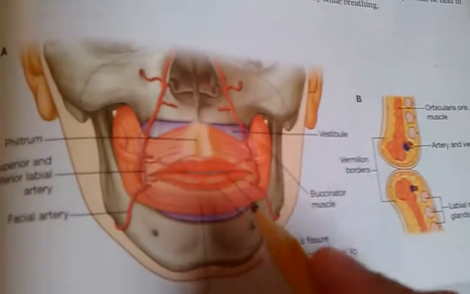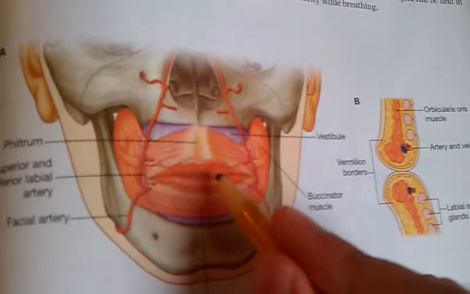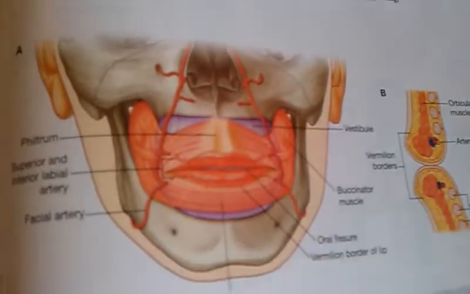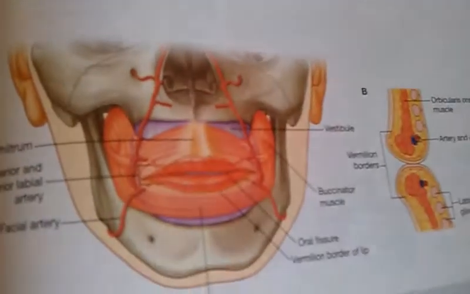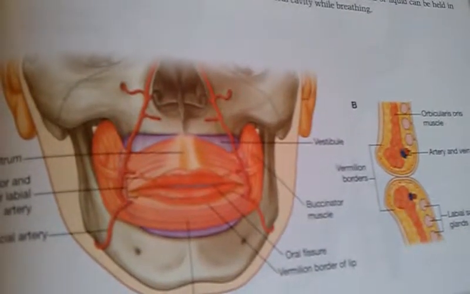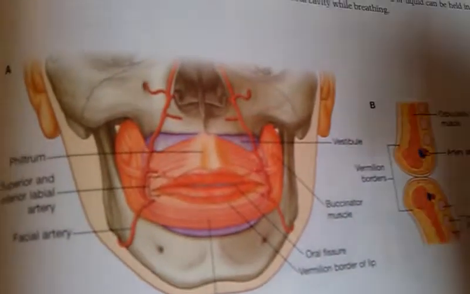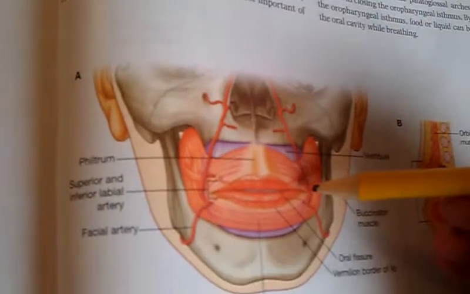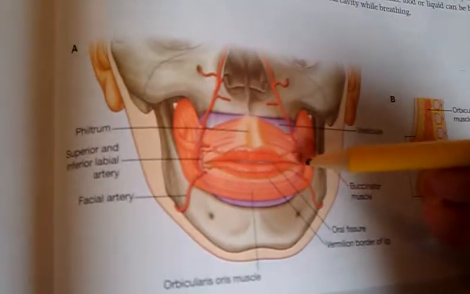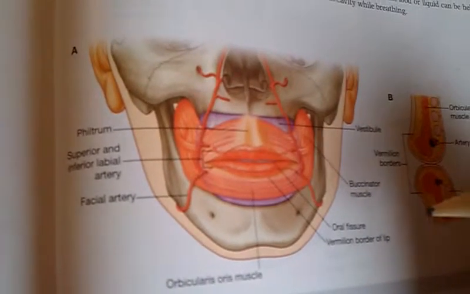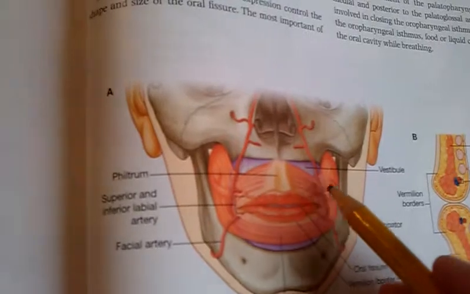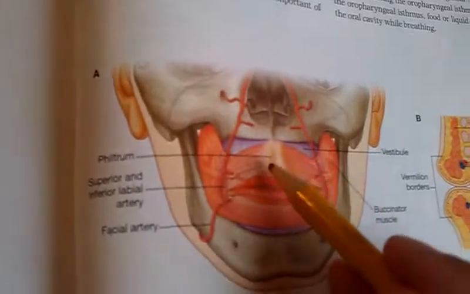And here you have the free margins of the lips, which surround the rima oris, which is the anterior opening of the oral cavity. The free margins meet in the oral angles of the mouth. And the upper lip is separated from the cheeks by the nasolabial sulcus.